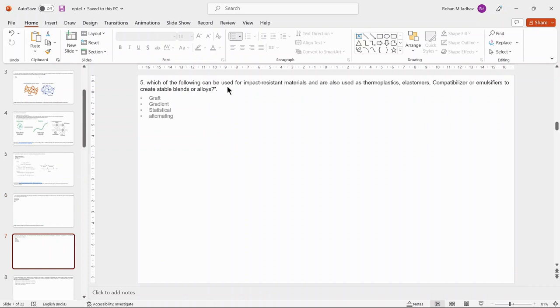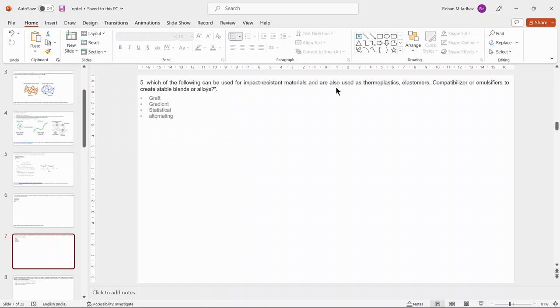Next, we have: which of the following can be used for impact-resistant materials and are also used as thermoplastic elastomers, compatibilizers, or emulsifiers to create stable blends or alloys? Here you can see alternating, statistical, gradient, and graft polymers. If you have done your lecture properly, you would know that grafting is a technique we use to give better properties to a polymer.